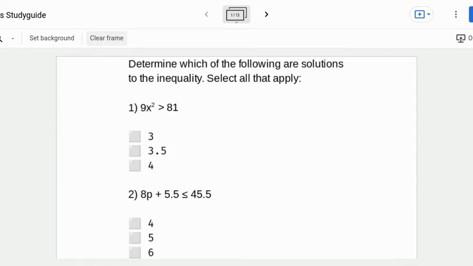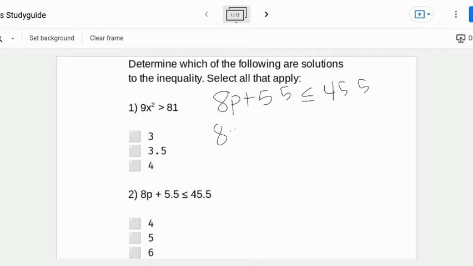Okay, let's look at number 2. On number 2, we have 8p plus 5.5 is less than or equal to 45.5. And in this case, it says we're going to plug in a 4.